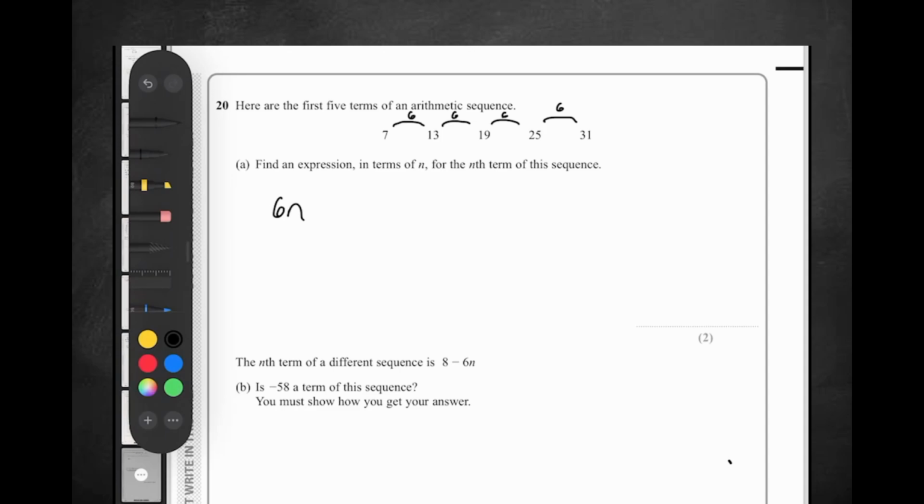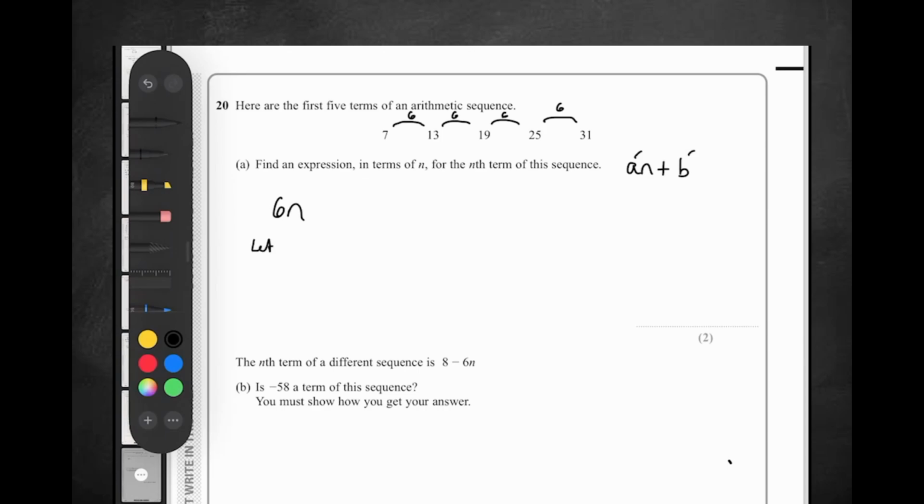And then all we need to do here is input n as 1 to work out what we're adding to it. So essentially we need to work out the sequence in the form of an plus b. Now we've worked out that a is 6 because 6 is being added on each time. We need to work out b.